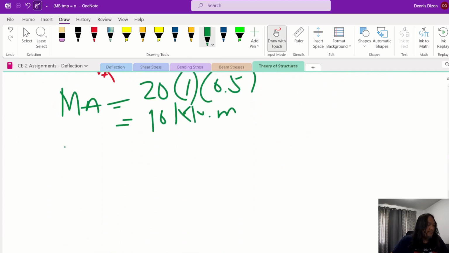Again, we will cut a section and consider right of A. So this time we will consider right of A only.